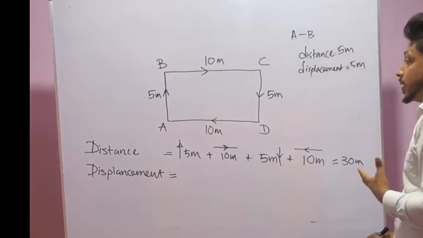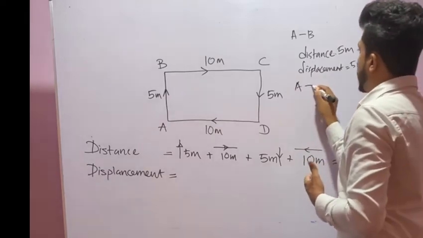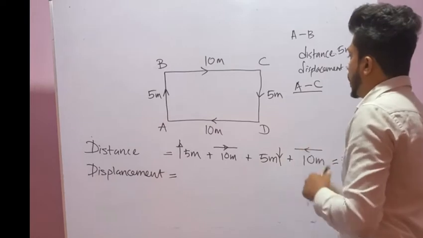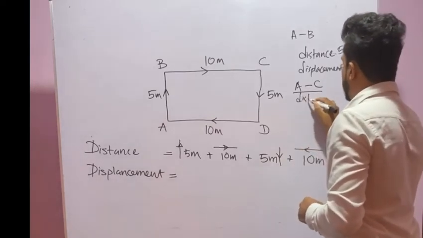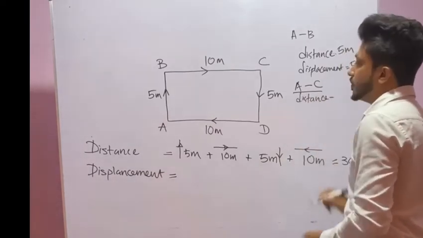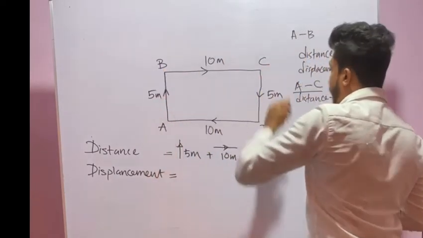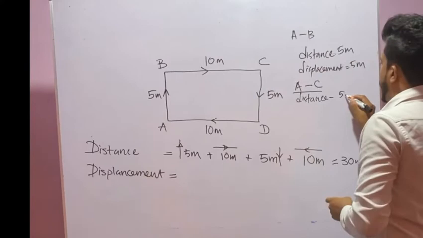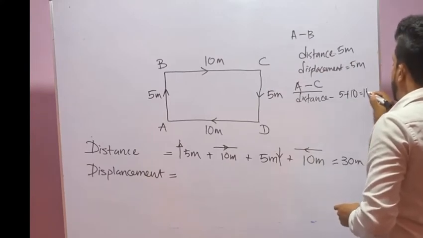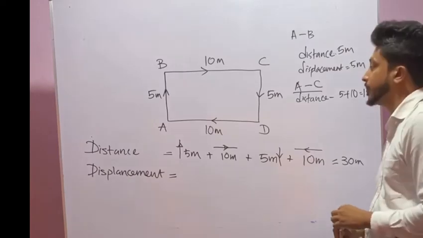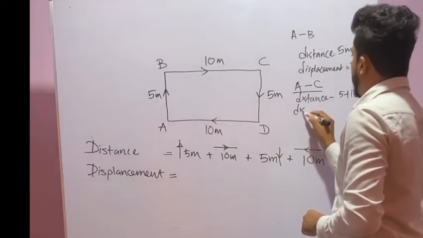Then I ask you to consider from A to C. Okay, what is the distance? From A to B it is 5, B to C it is 10. Because of that, 5 plus 10, that is 15 meters. Okay. What is the displacement?